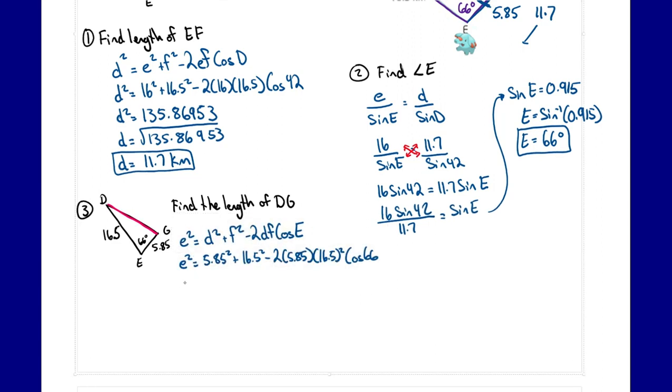Go through that calculation. I get E squared equals 227.95. Square root that answer to get E, which is 15.1 kilometers. So 15.1 kilometers is that length of DG.